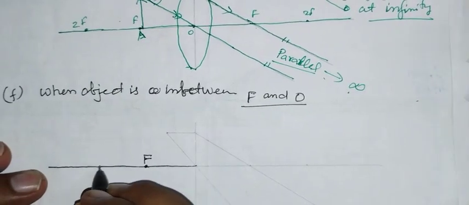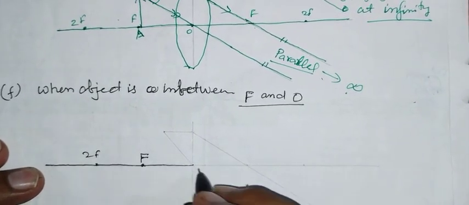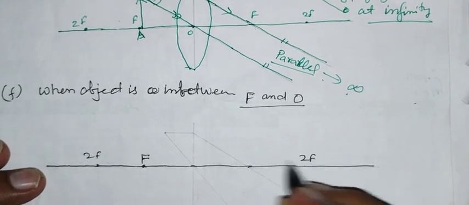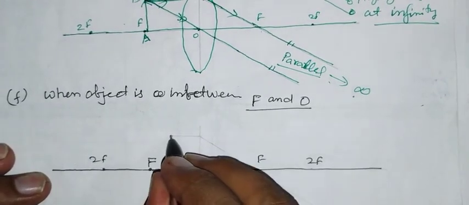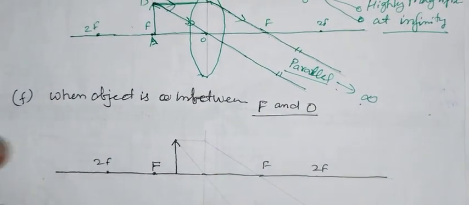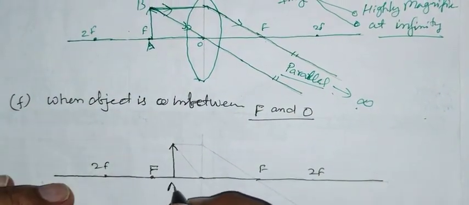F, 2F, 2F, F. The object AB is in between.